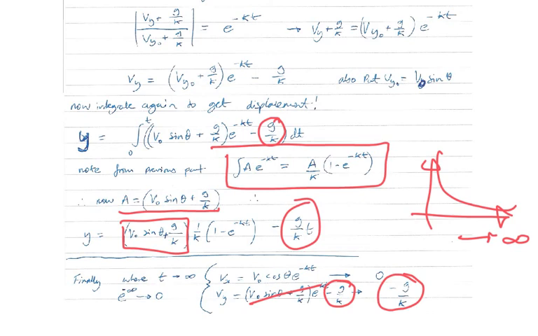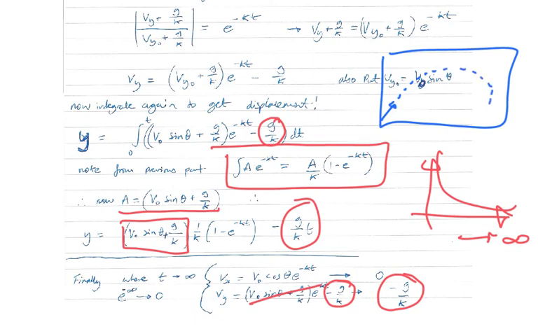You've got your tank, you've got your projectile. Eventually, if you leave it long enough, and we're going outside the tank, but you get the idea, it's eventually going to become vertically downwards. And what we're saying is that the terminal velocity is going to be minus g over k. And that's it.